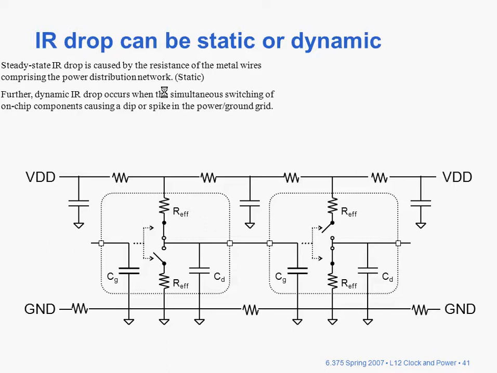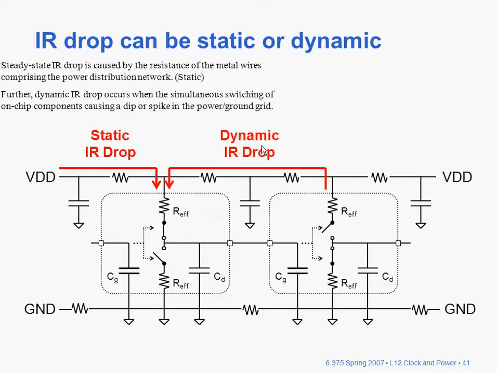One would be a steady state IR drop or a static power drop, just by virtue of the fact that everything is leaking on this chip, and these lines are resistive, so current flowing through them gives you an IR drop. And a dynamic IR drop as well, in which case you have devices switching, which is then pulling current, and it's also causing an IR drop because there's current flowing across the resistor. So those are those two scenarios illustrated.